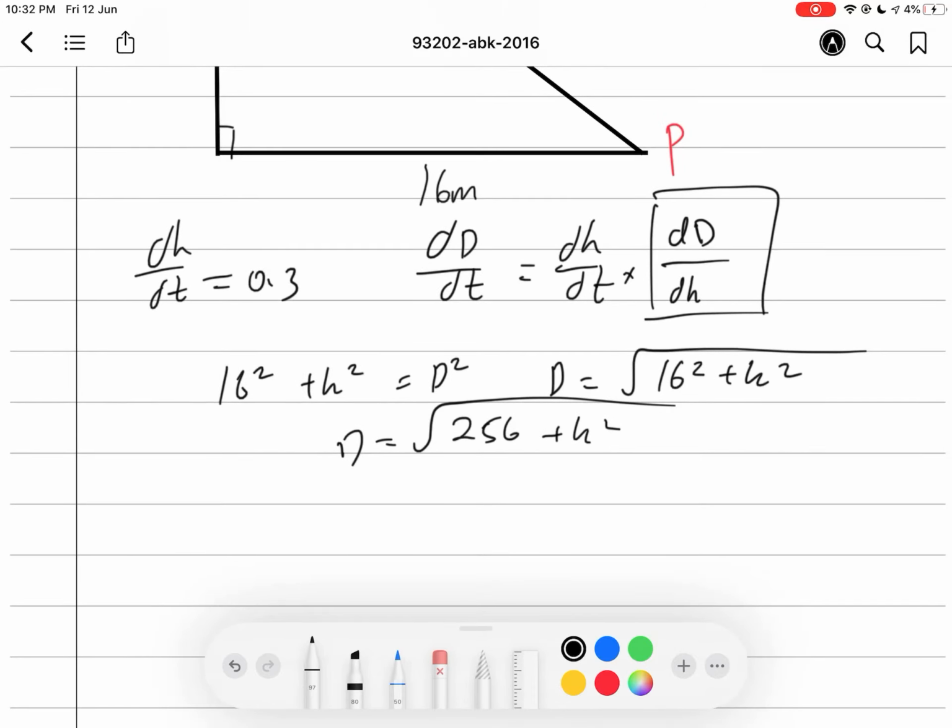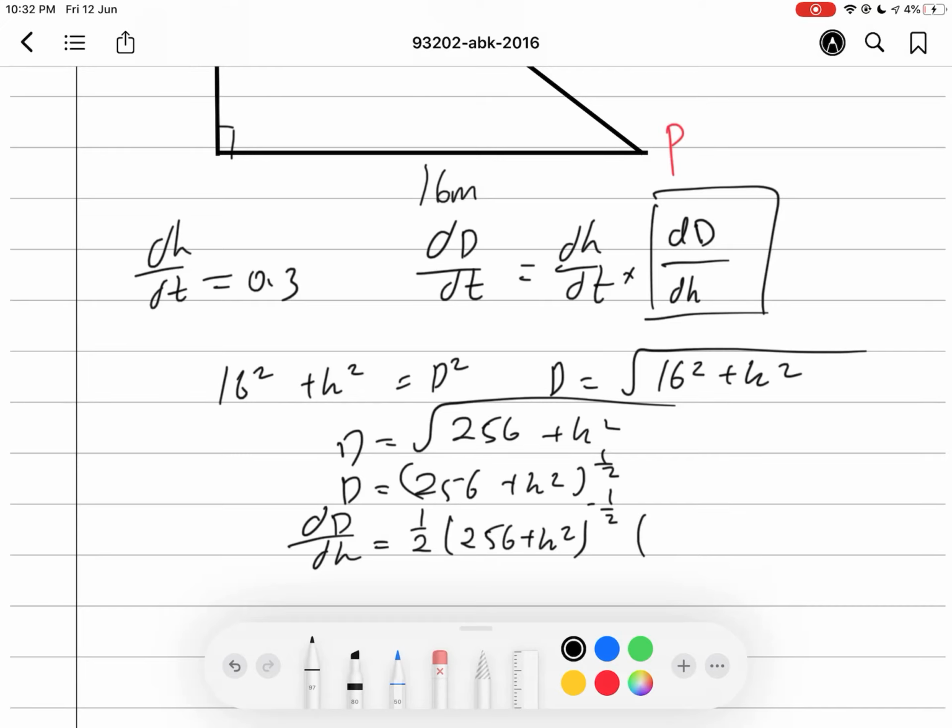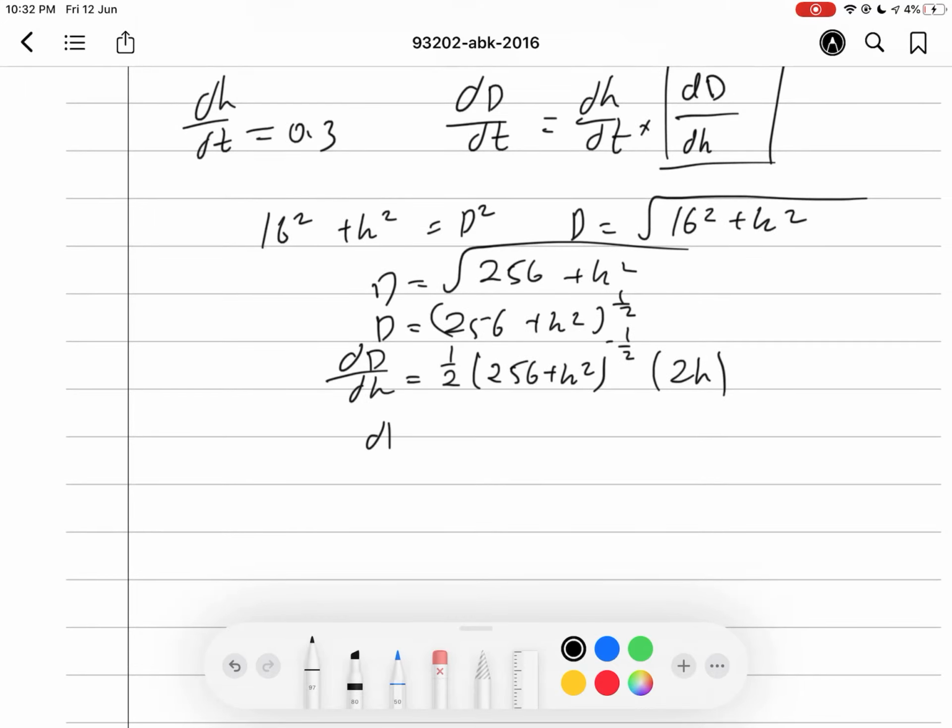Once you differentiate this, we're going to be using the chain rule. Again, we can't differentiate the square root, so we need to rewrite this as a power of 1/2. Once we differentiate this, we'll get dd over dh. We'll take the 1/2 to the coefficient: 1/2 times 256 plus h squared. Take the power down by 1, becomes negative 1/2, and multiply by the derivative of the inner function, so that becomes multiplied by 2h.